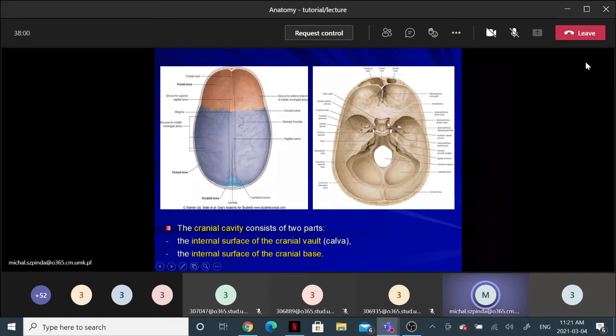So the anterior root that belongs to the anterior cranial fossa is very weak, and in front it joins its counterpart and together they form the sphenoidal jugum.